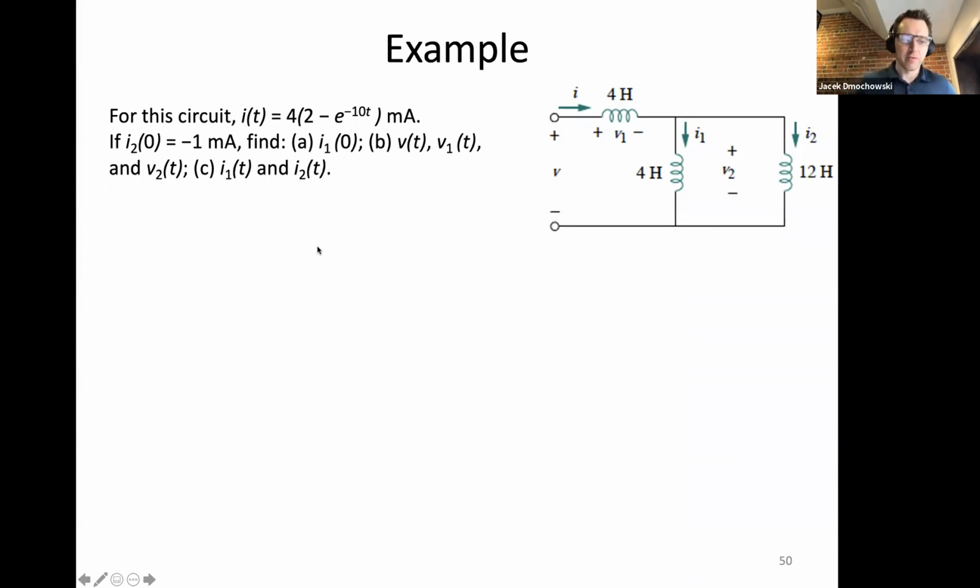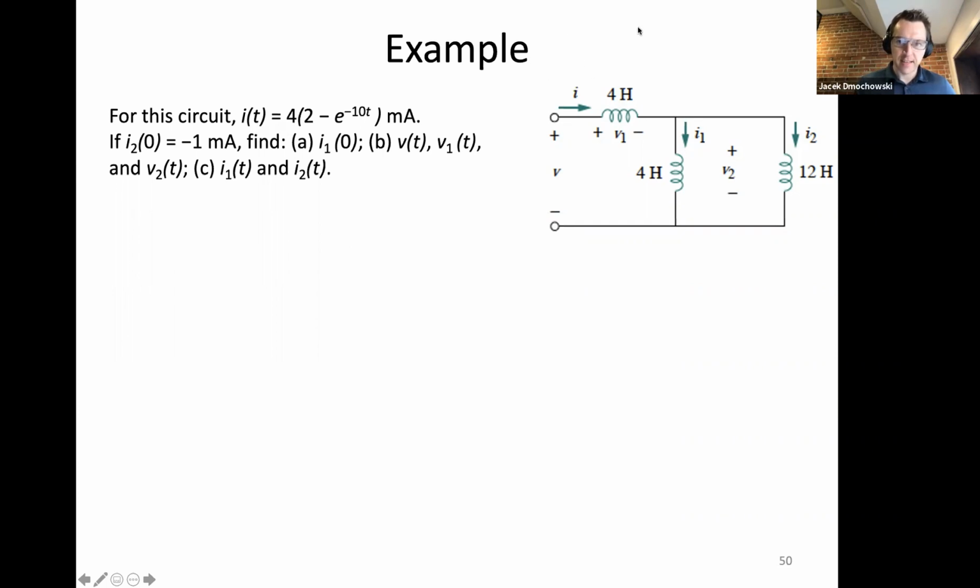Yeah, sorry, 4. 4 is correct. Yeah, you guys both got it. So time equals 0, it is equal to 4. What about a time equals to infinity? Yes, correct. Right, so we know that it starts at 4 and goes to 8.